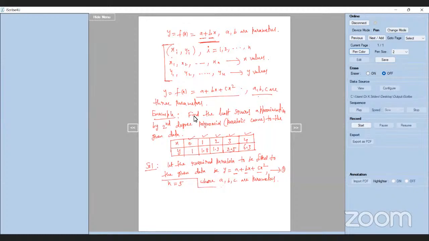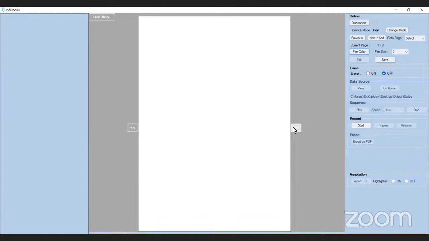Now definitely we have three normal equations, as we discussed in the previous class. So tell me, what are these three linear equations, or normal equations, for the desired polynomial?